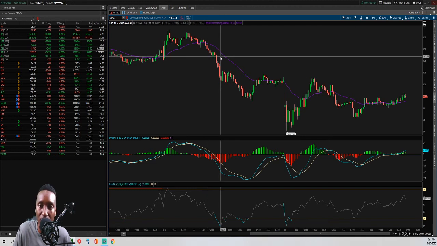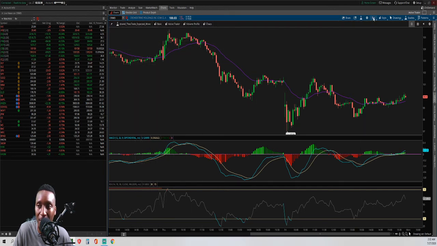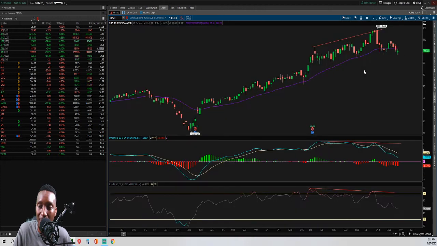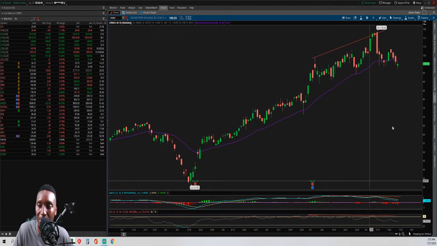So one more tidbit before I go, I'll show you the trade that I have on in CrowdStrike. Basically, I just bought a put. I bought an out of the money put. I'm up like $2 on it right now. Basically I saw divergence, which you guys can see.